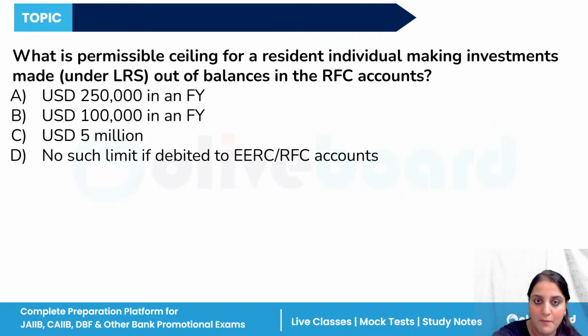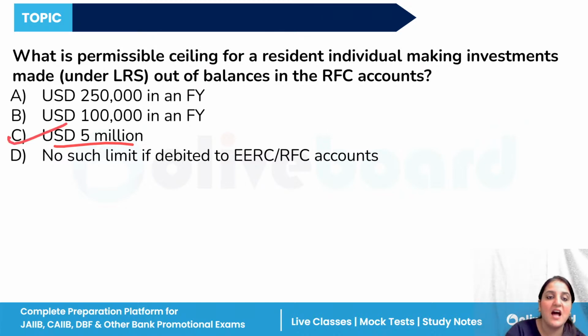So if we talk about the permissible ceiling in the case of an RFC account, it is US dollar 5 million in a financial year, and this higher limit recognizes that RFC accounts are designed for those individuals who have foreign exchange and want to invest those funds abroad without the restrictions of some other forms of remittances.